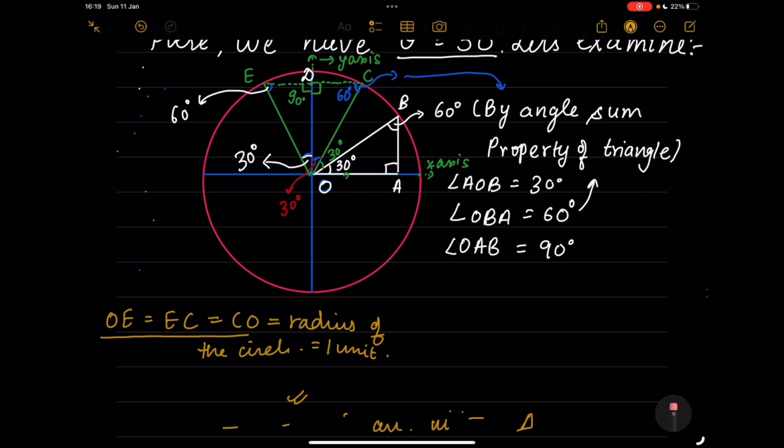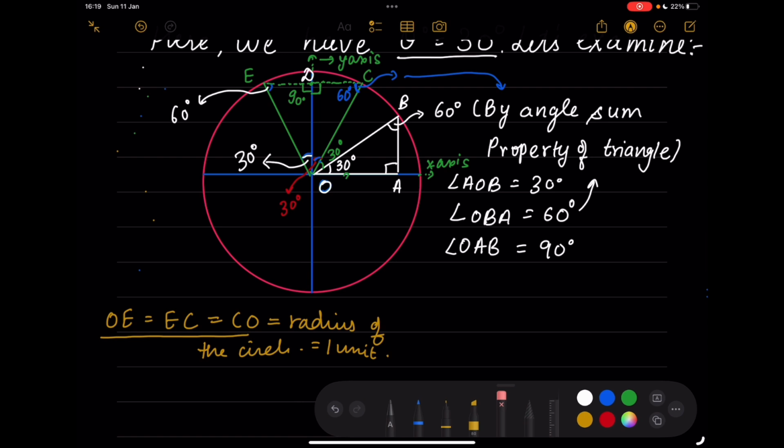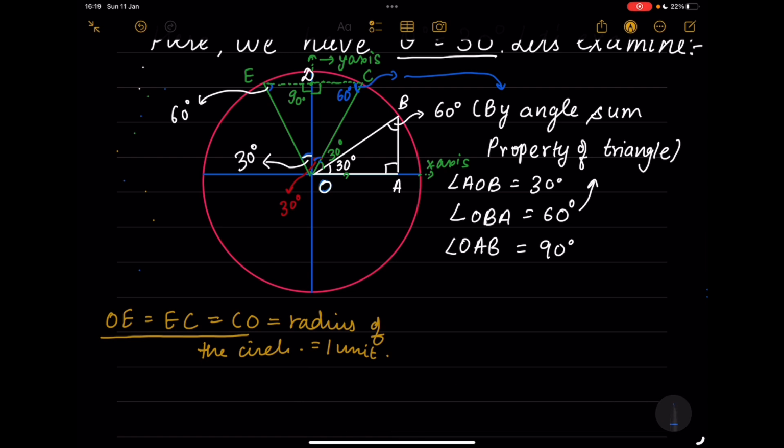Just erase it, and now coming back to our main triangle. So we need to find what? Sine 30 degree, right?